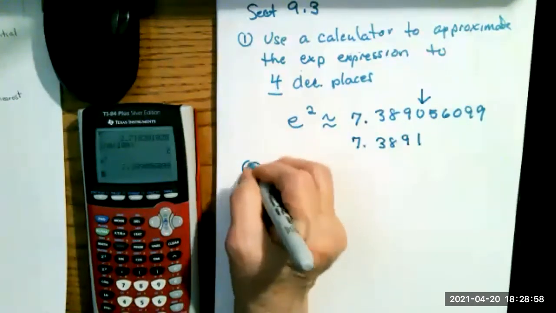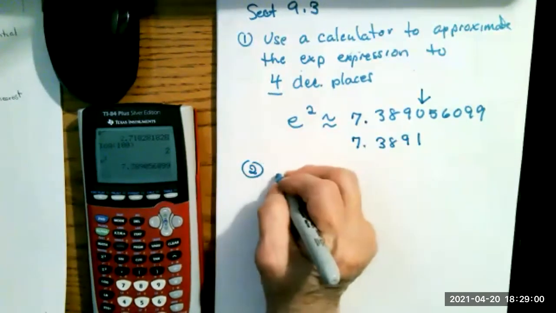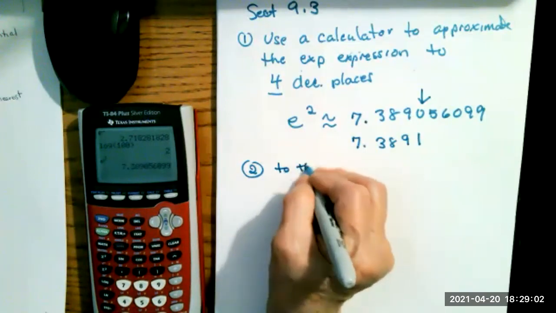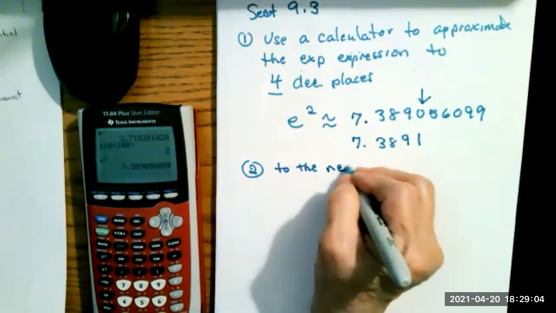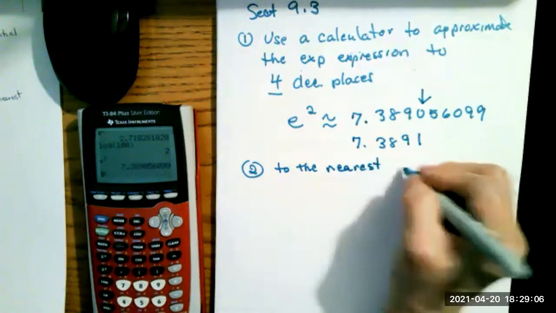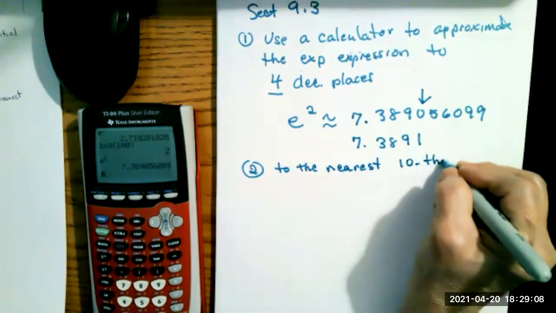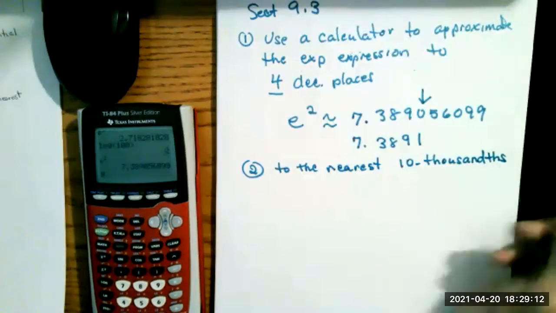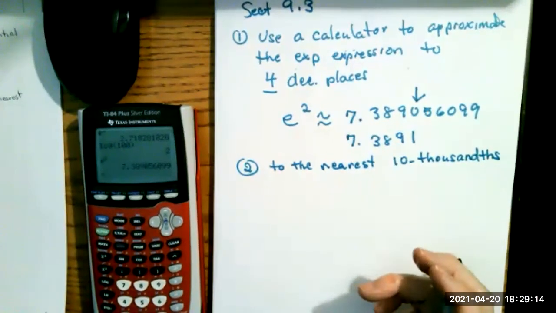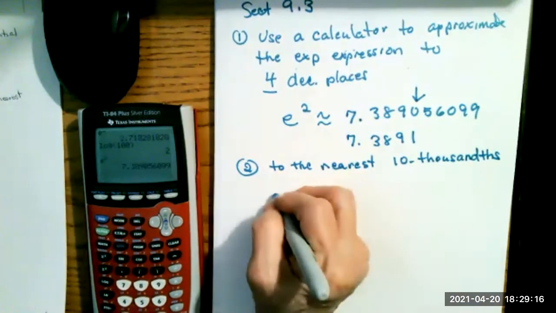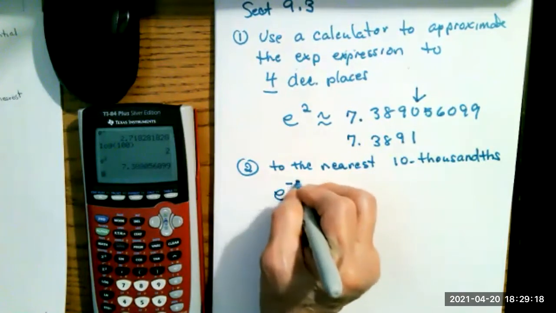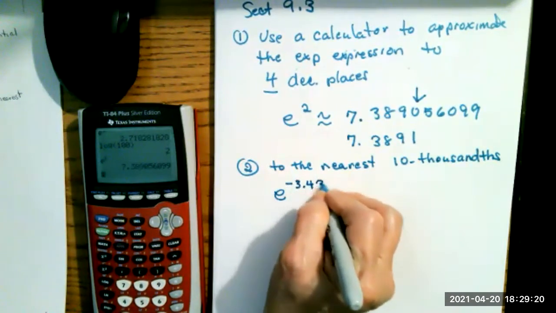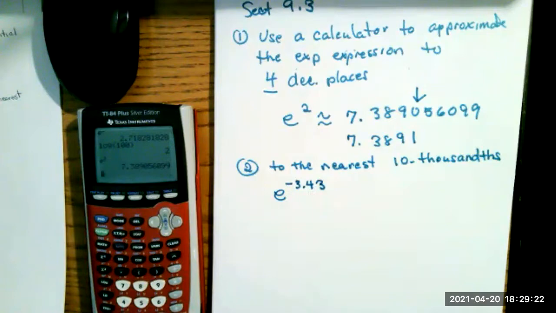Okay. Number 2 is the same thing, but they want it to the nearest 10 thousandth. So we have e to the negative 3.43. Put it in your calculator and see if you can get it.